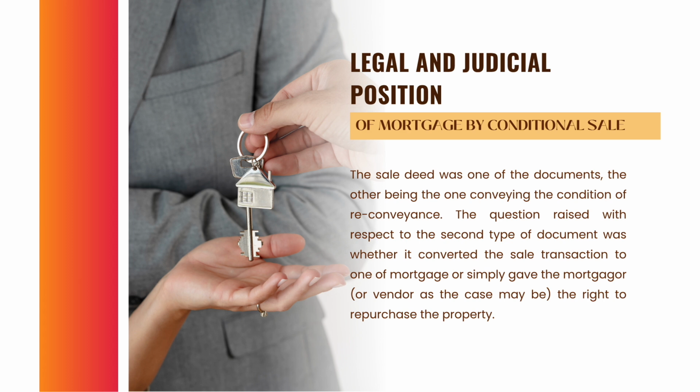The question raised with respect to the condition type of document was whether it converted the sale transaction to one of mortgage or simply gave the mortgagor or vendor, as the case may be, the right to repurchase the property.